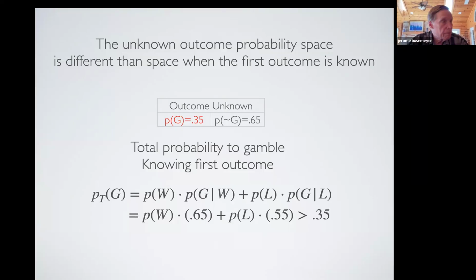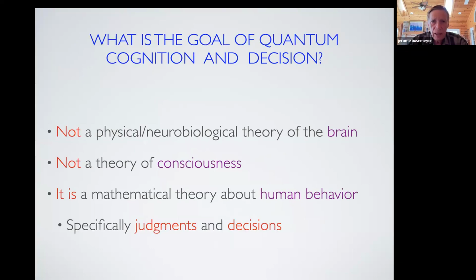Again, the distributions are contextual, depending upon whether outcomes are known or not known in the first stage. So this is an example where the usual Bayesian hypothesis, that all the events are coming from a joint probability space and we just calculate probabilities by marginalization, is breaking down in a lot of different decision-making tasks.